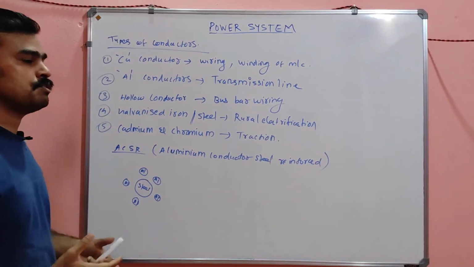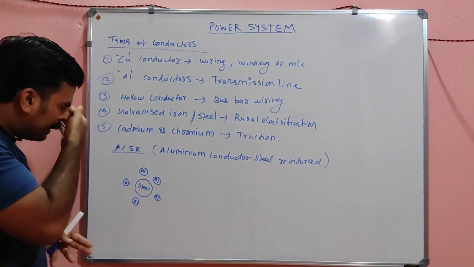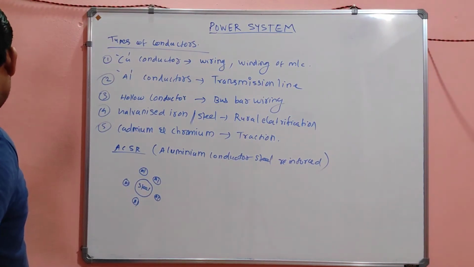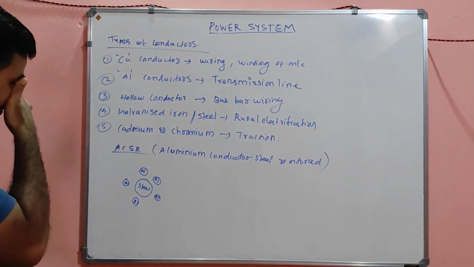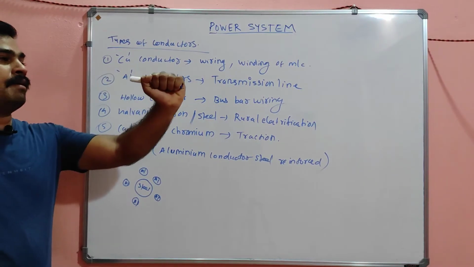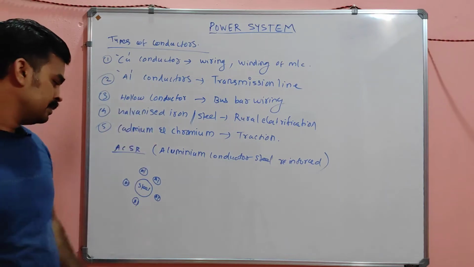So in order to make it stronger and more flexible, we use ACSR, aluminium conductor steel reinforced. That means midway is steel and around it there will be aluminium conductors.